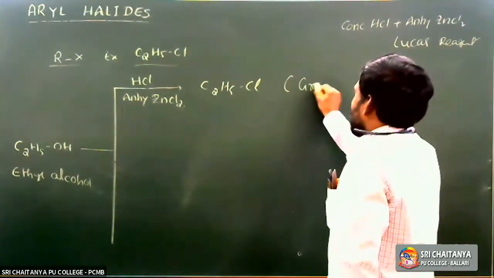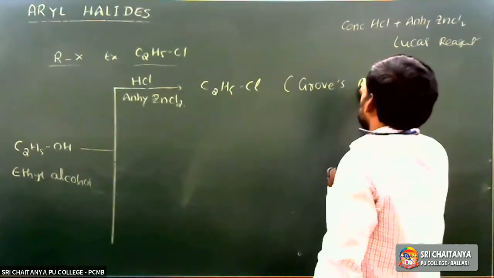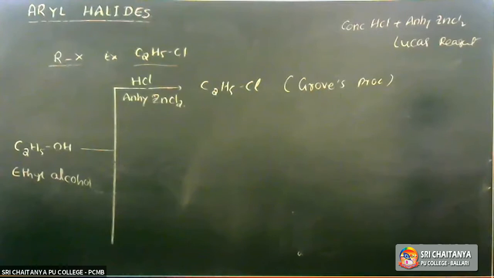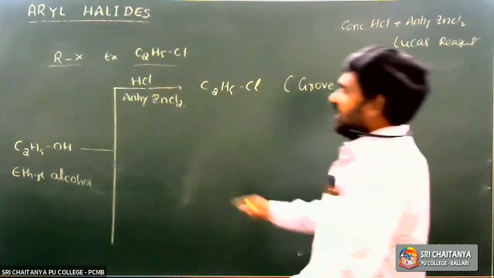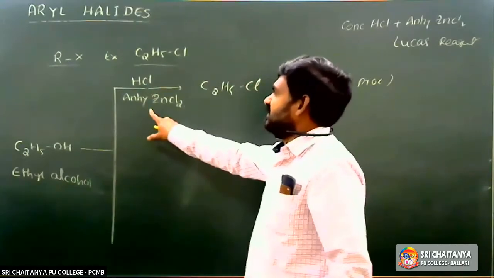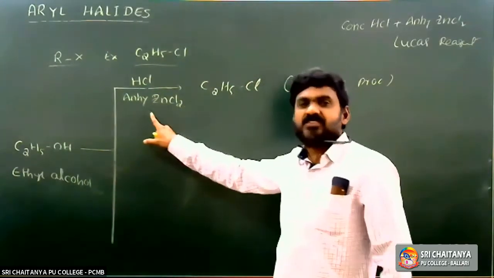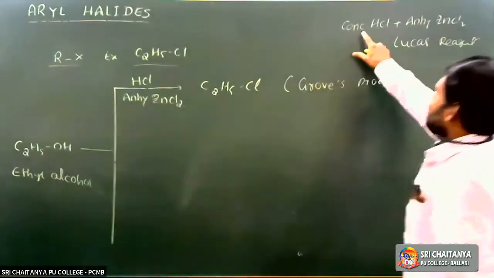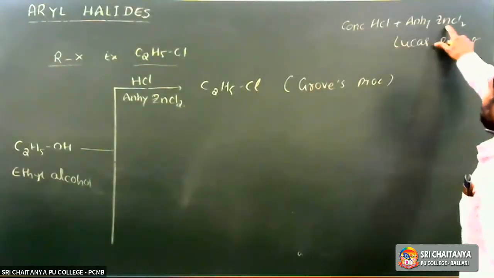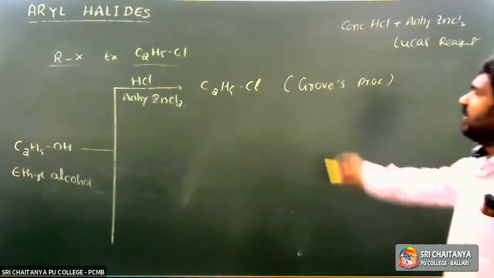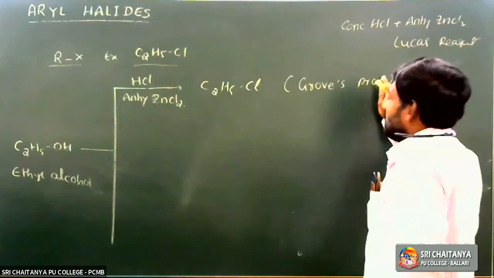It is a named reaction, called the Groves process. Ethyl alcohol reacts with concentrated HCl in the presence of anhydrous zinc chloride and ethyl chloride is formed. The mixture is Lucas reagent, and the name of the reaction is the Groves process.